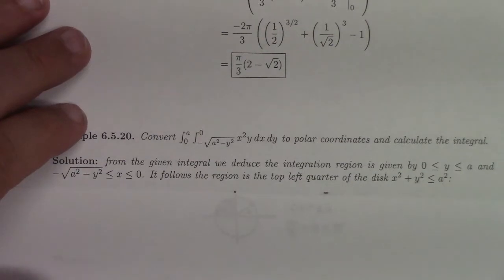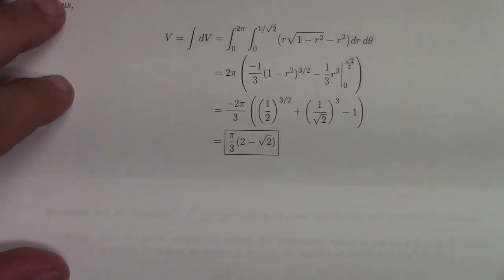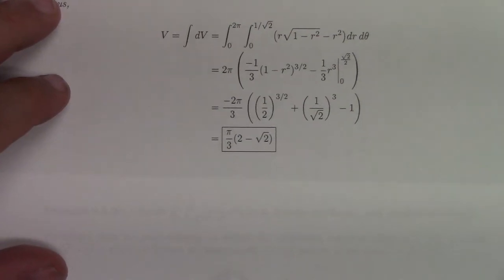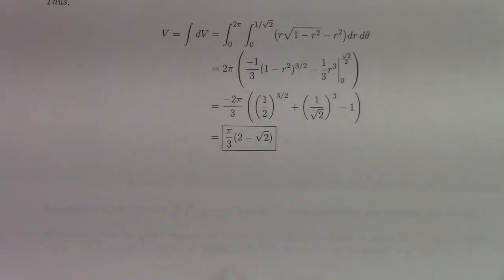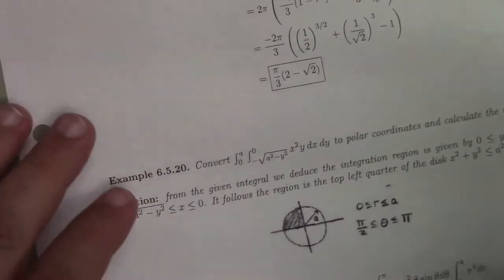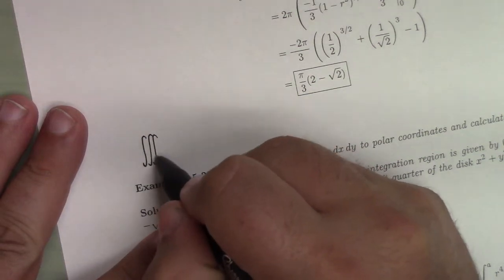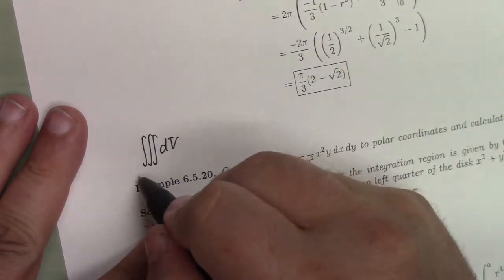So great. Now another way to think about this problem, it might even be better perhaps, would be to just say, well, the triple integral over dV gives you the volume, right?